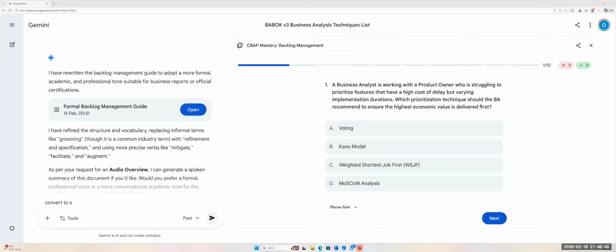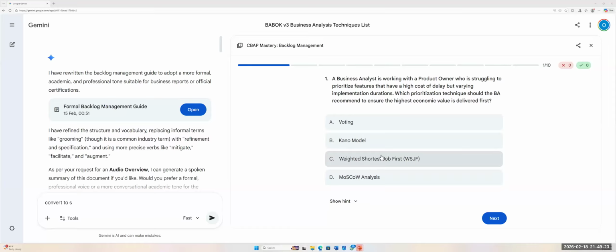Someone says C, weighted shortest job first. Okay. Another person, C. Are you going for C because one person said C? Okay. And then you want to mute and tell us why it's C? Or if you have selected C, want to mute and tell us why it is C?